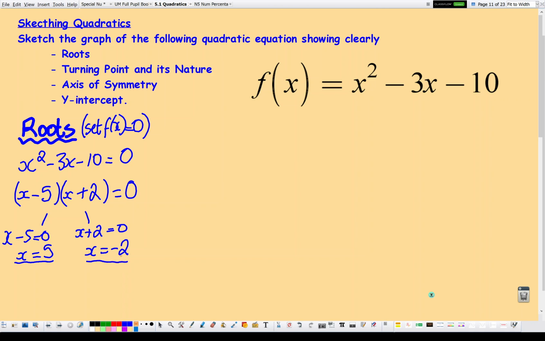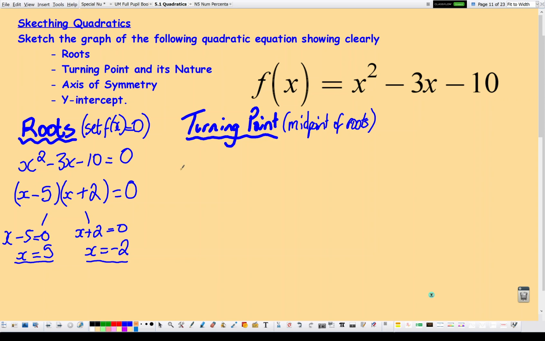Now the turning point is the next thing. And that's going to be the midpoint. Find the midpoint of the roots.